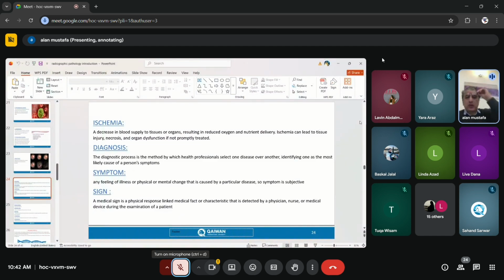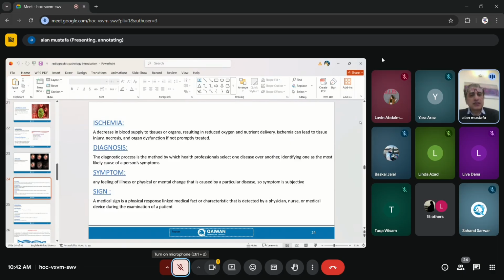We see a lot of patients in hospital with arm or leg ischemia. It means the artery that takes blood is blocked, and the leg doesn't get enough blood. So what happens is ischemia in this leg.